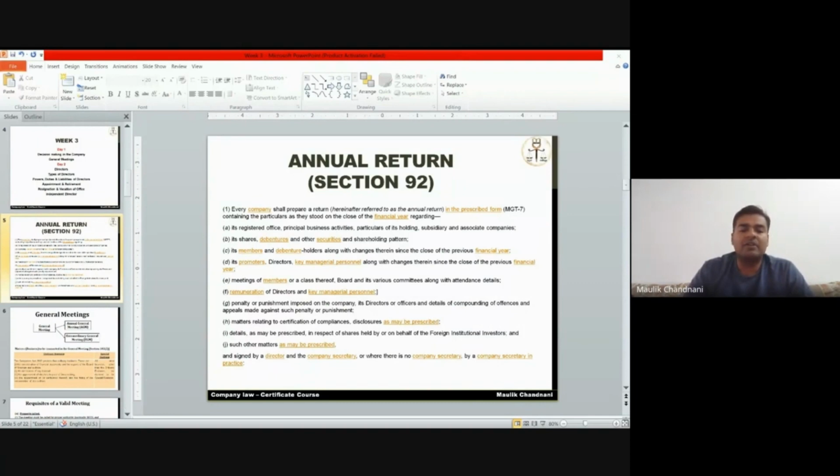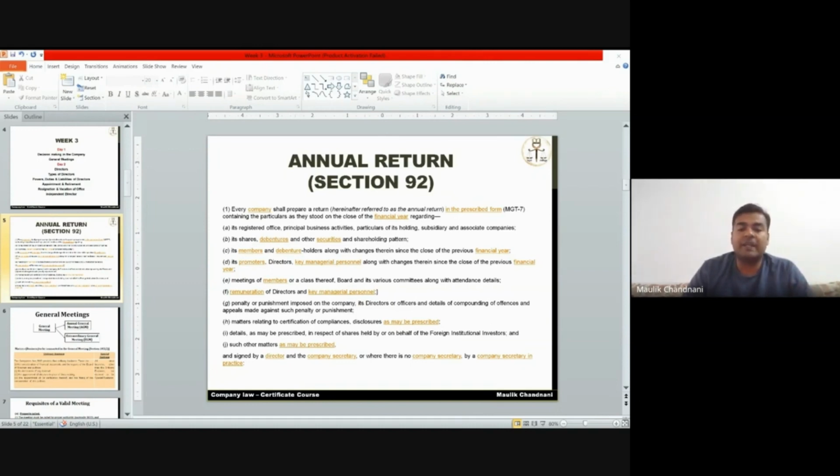And signed, who is the signing authority? Each and every annual return shall be filed by at least one director and the company secretary. Here, 2 directors are not mandatory. 1 director and 1 company secretary are the basic signing authority.